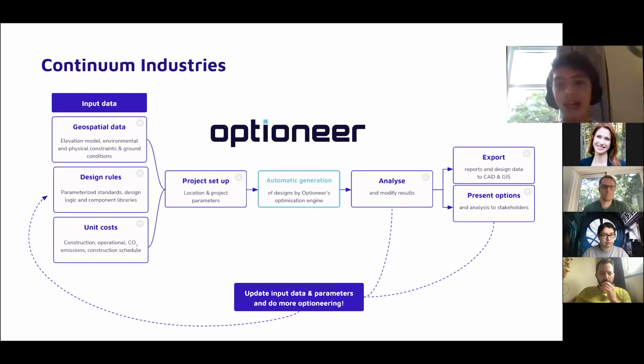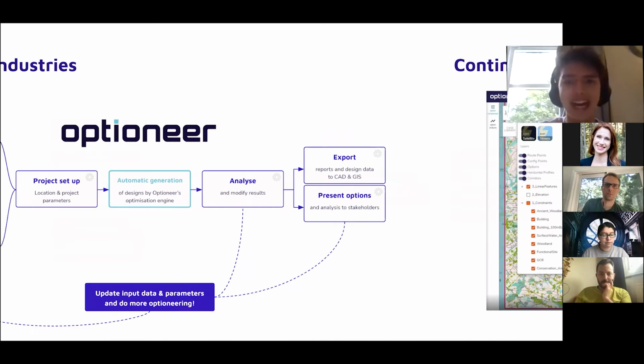And that would output different routes that can be exported into CAD or different analyses along with that, ready to use. And this process can be iterated over and over again until something is good for the project, for a particular client, or the infrastructure owner, the asset owner themselves.